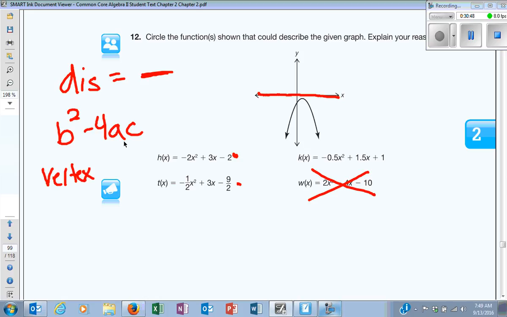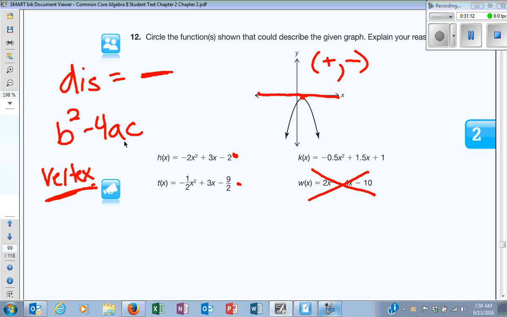Do you remember? What do I know about the vertex of this right here? Since the vertex is to the right, what do I know about the x? It's positive. What do I know about the y? It's negative. So could I figure out its vertex and see if it matches up with what's happening there?